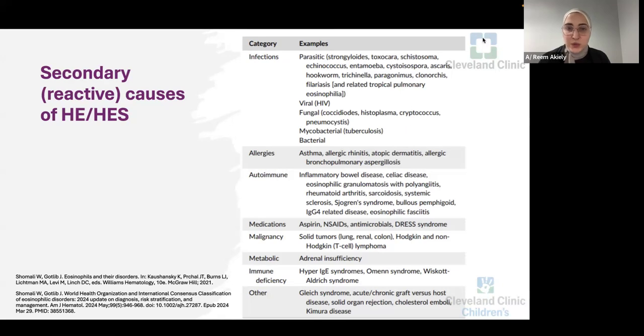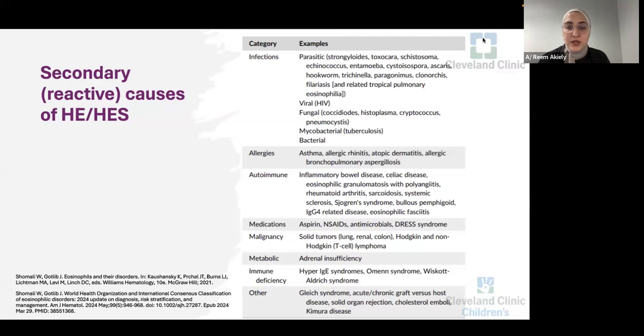Autoimmune disorders have been associated with reactive hypereosinophilia, including IBD, celiac, but also SLE, Sjogren's, and multiple others. As for medications, the association is usually through DRESS syndrome, but sometimes only eosinophilia, and implicated medications are aspirin, NSAIDs, and many antibiotics. For malignancy, we talked about clonal proliferation of eosinophils, but other malignancies, specifically lymphomas and solid tumors, can result in reactive eosinophilia.